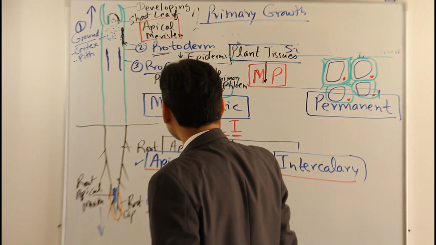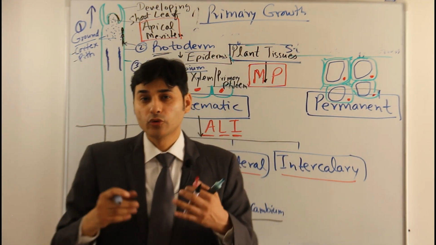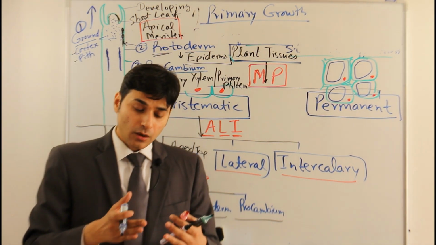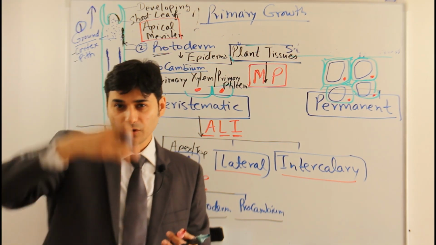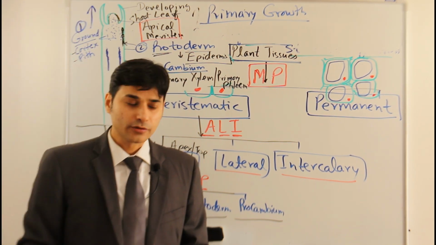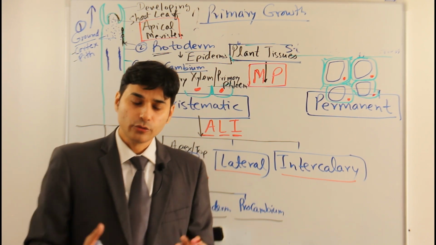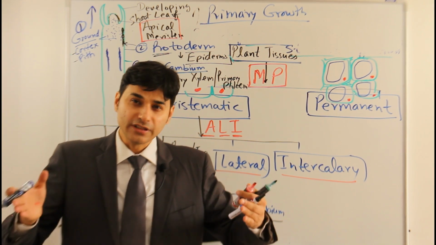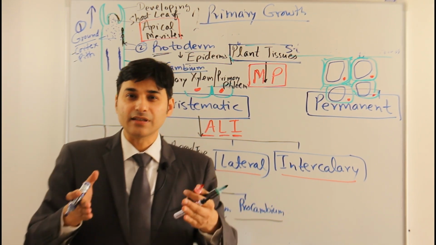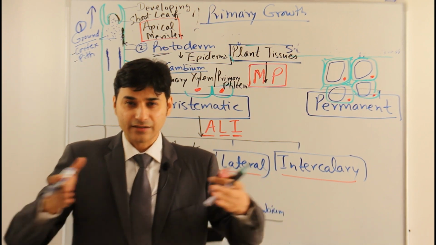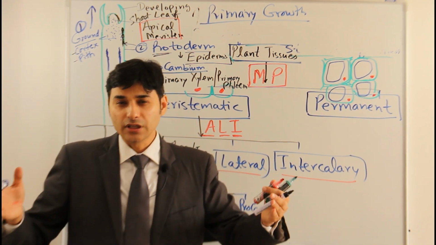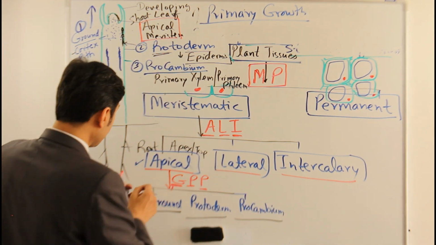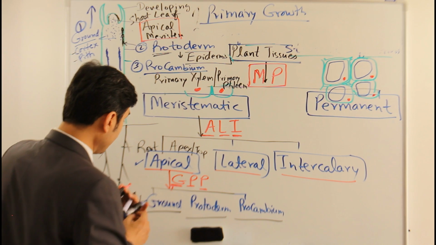Now lateral meristem, but in the trees, dicotyledon trees, what happens? When their primary growth, which is the lengthwise growth, happens, after maturation, after a few years, they also start dividing or growing horizontally. Means their stem thickness or girth increases like this, and that horizontal growth is called secondary growth.